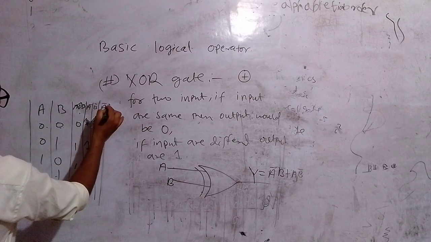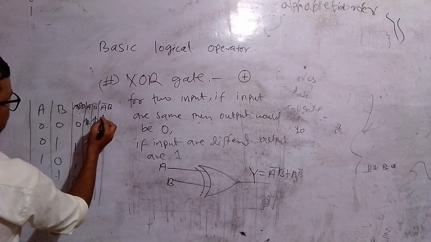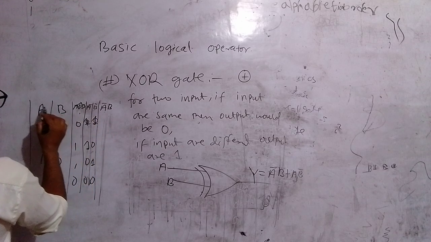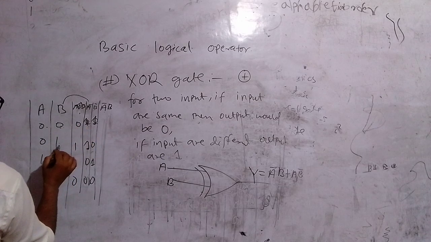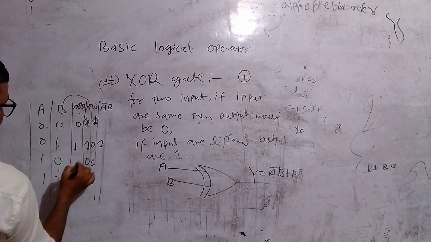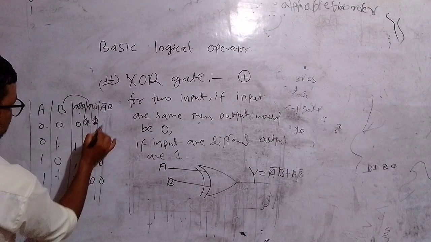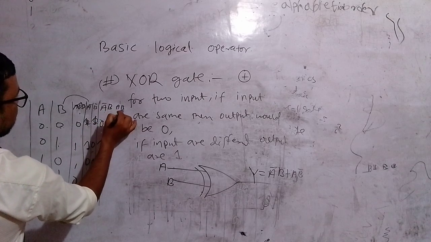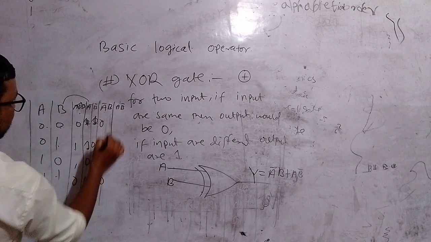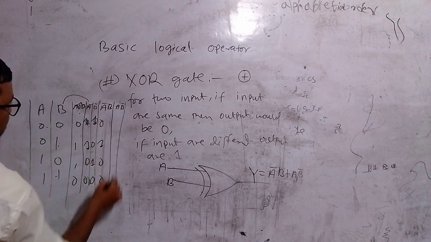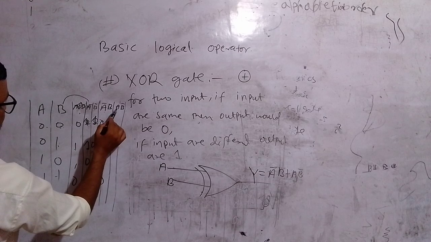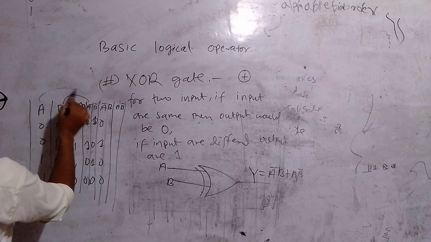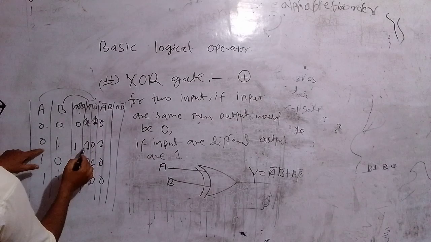Now A complement B. What would A complement be? A complement B means 0, 1, here 1, 0, 0, 0. Now A B complement.